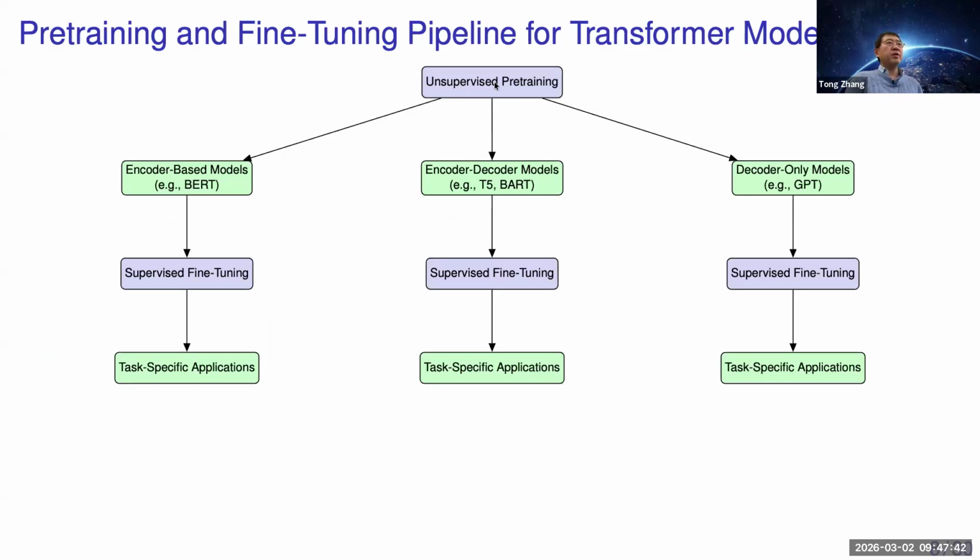So you start with unsupervised pre-training, and your model can be encoder-based, encoder-decoder, or decoder-only. Then you go through supervised fine-tuning, and then you go through application. So that's basically the paradigm, and we will talk about this more later on.